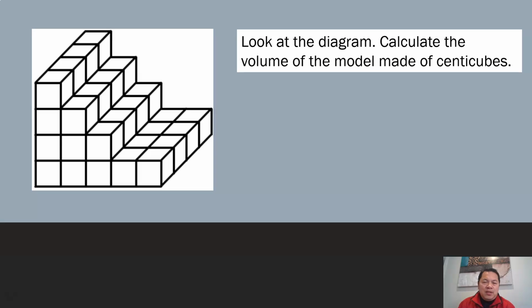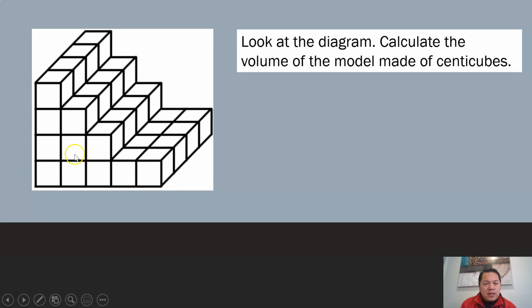What about this one? This is not a regular model, but there is something we can take note of. Using the same concept, instead of looking at the layers from the base, you can see that this is like a step model, whereby every layer is along the side here. Look at this layer here.